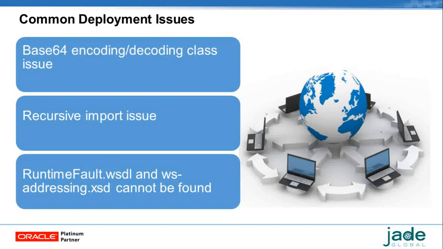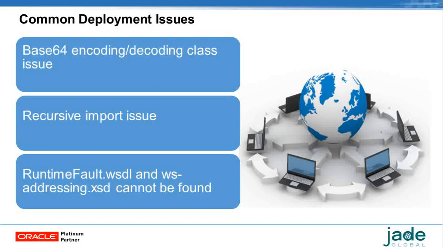So we need to change that location manually to follow the MDS location in the code. For example, the sample path would look like oramds:/soa/shared/ runtime fault.wsdl, and the same way soa/shared/common/ws-addressing.xsd. This is just to talk about a few deployment issues that we faced.